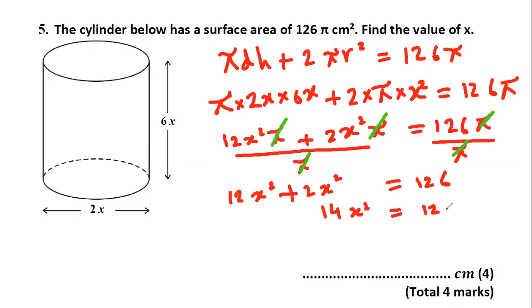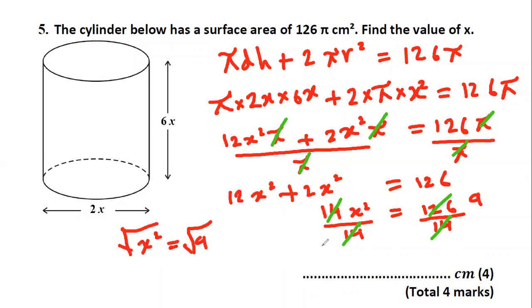That equals 126. I can divide both sides by 14. This will help us get rid of 14 from the left-hand side, and 126 divided by 14 will give me 9. And if x squared is equal to 9, I can simply square root both sides, and square rooting both sides will give me, as you know, x equals positive 3 or x equals negative 3.